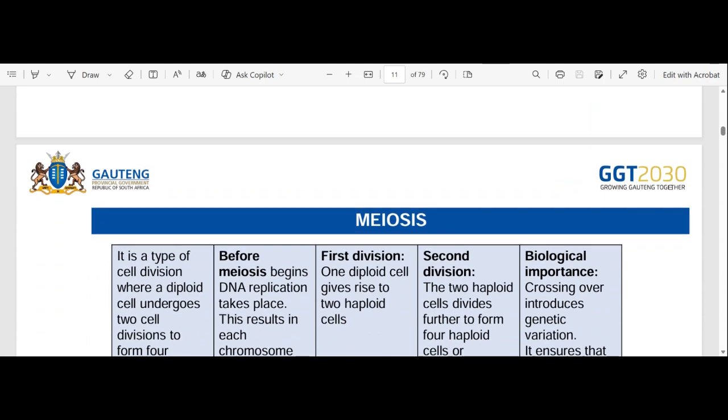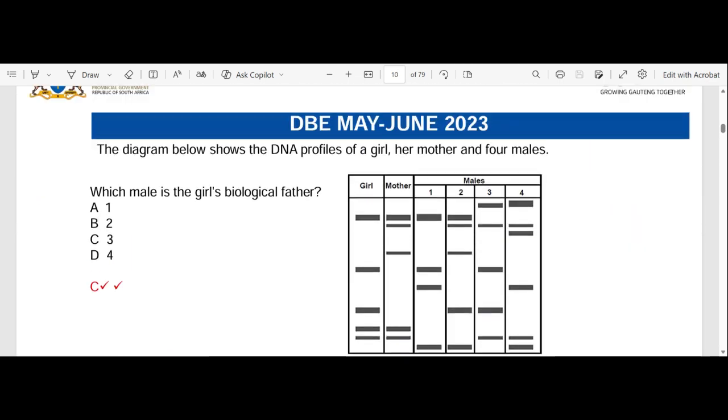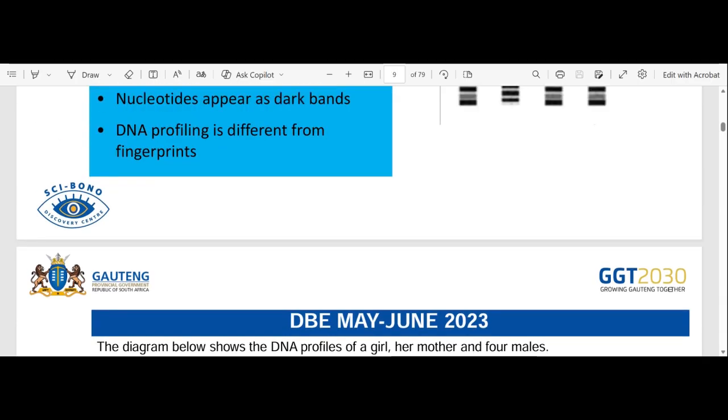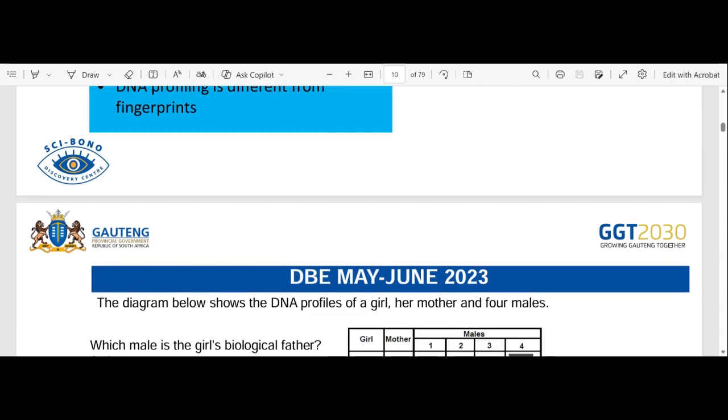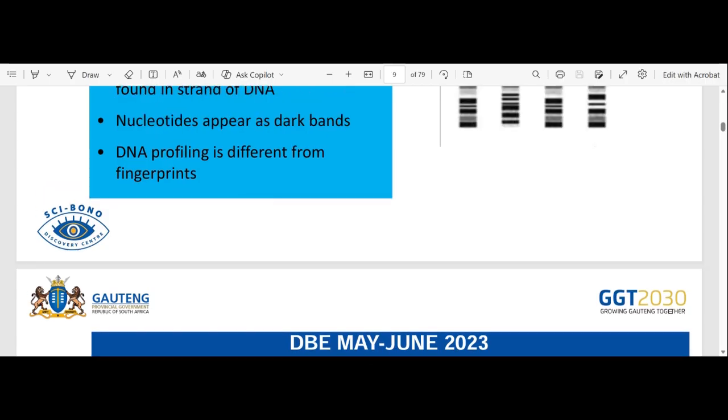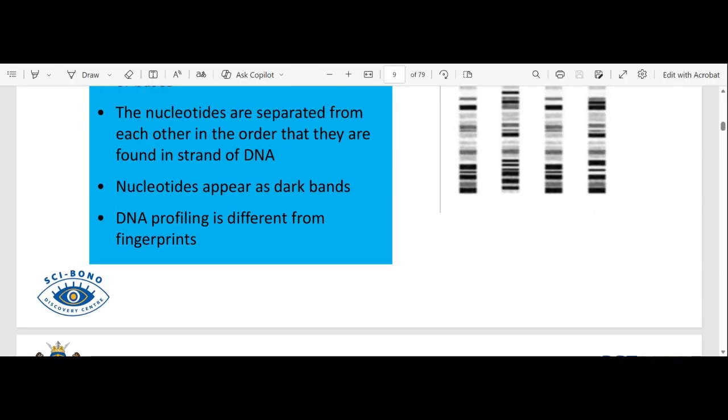So we're done with DNA profiling. They left a lot of information in these notes, but I'll just add the information that is missing, which is the uses of DNA profiling.